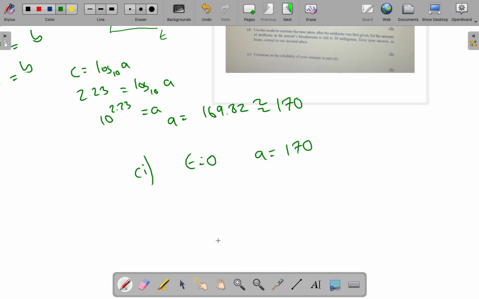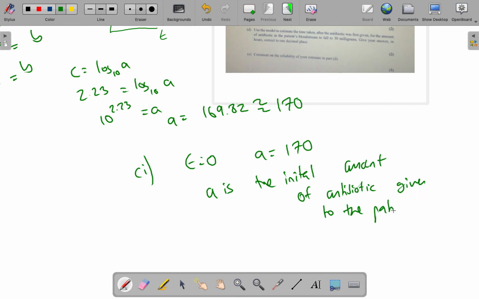So here we're going to say the following: A is the initial amount of antibiotic given to the patient. Okay, so they're given 170 milligrams, something like that will suffice.